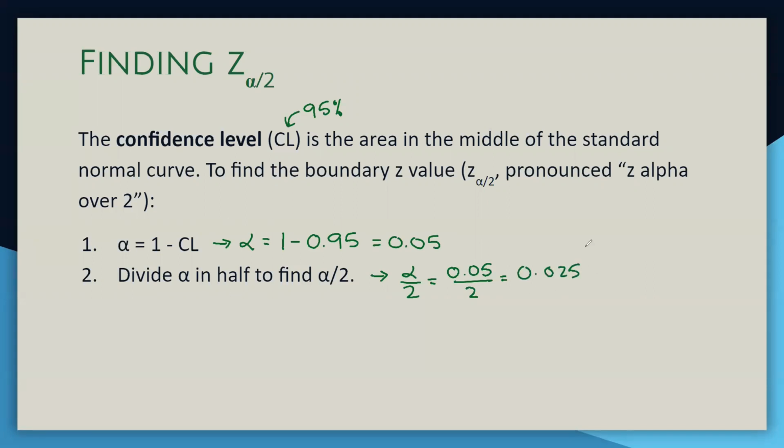And that is how much area is in that lower tail or upper tail. So here's our middle 95%. This tail here gets 2.5%, and this tail here gets 2.5%.